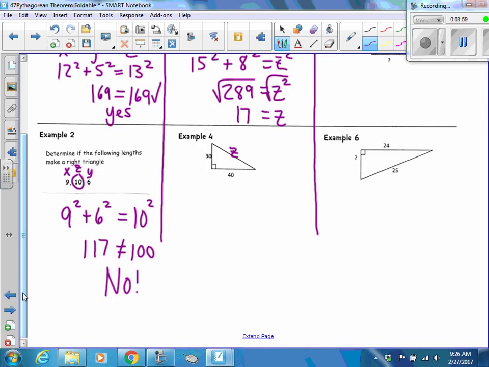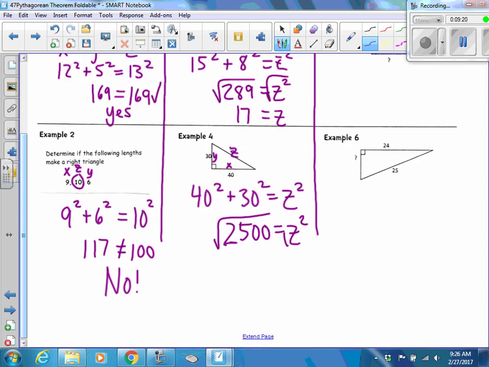Right under that, for example 4, I have X and Y again, I'm looking for Z, so 40 squared plus 30 squared. If you square the 40 and 30 and add that together, you get 2,500. You would square root both sides, and then you come up with Z equals 50.